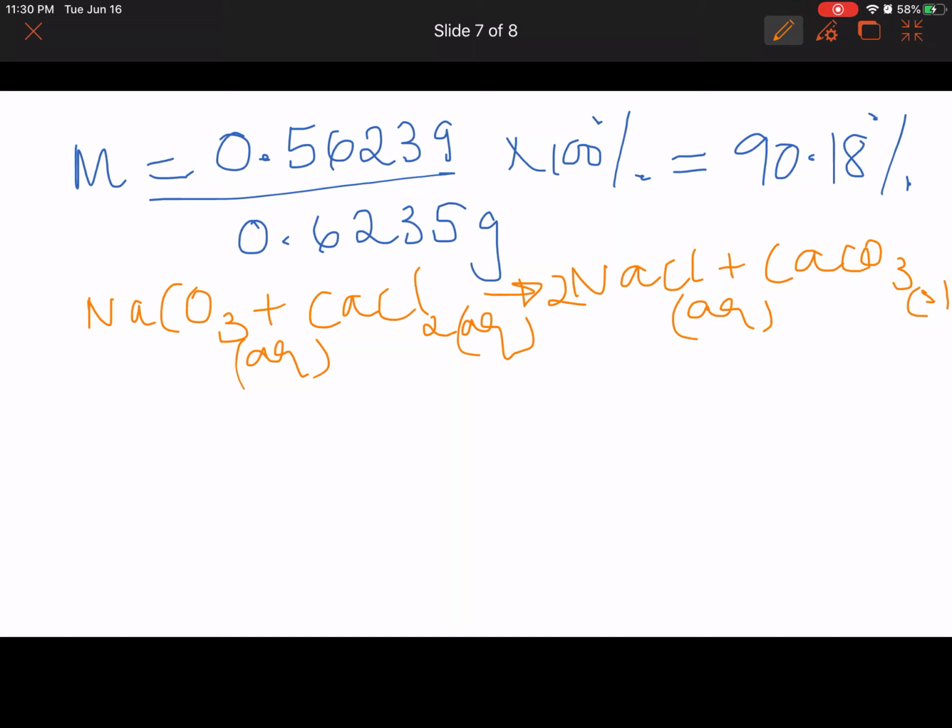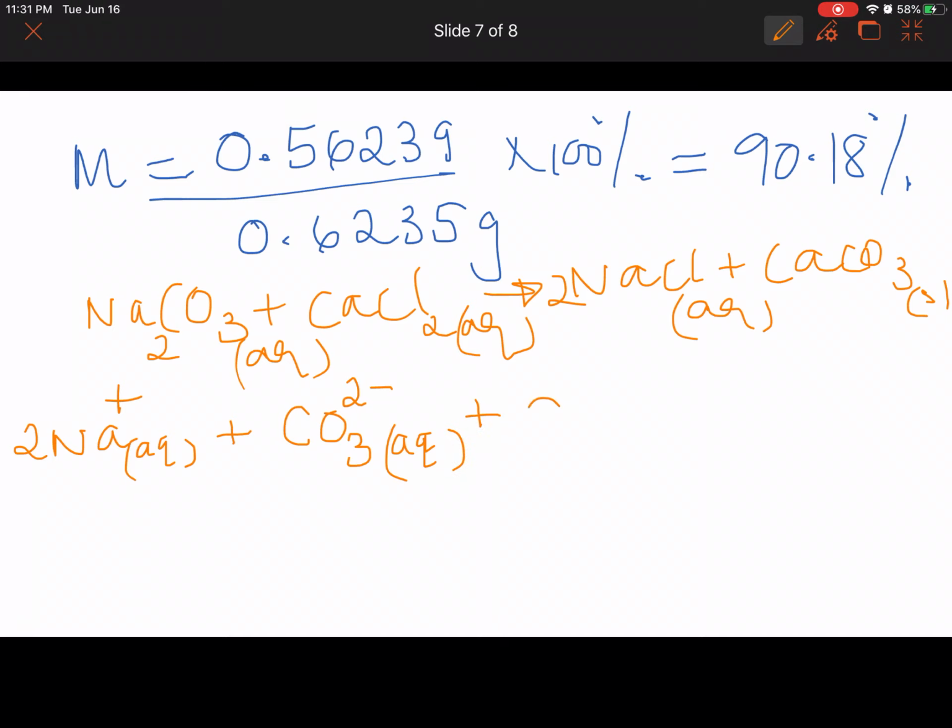For the total ionic equation, everything that is soluble in water, you're going to separate into ions. So sodium carbonate is Na2CO3. What are the ions we can get from sodium carbonate? That's going to be 2 sodium ions, and you put aq. Sodium has a positive 1 charge. And then you have carbonate, CO3 2 minus, the anion.